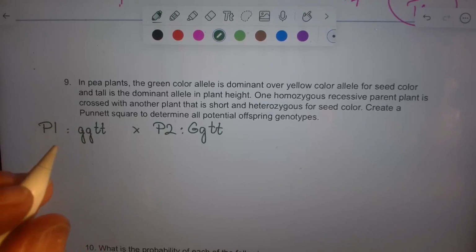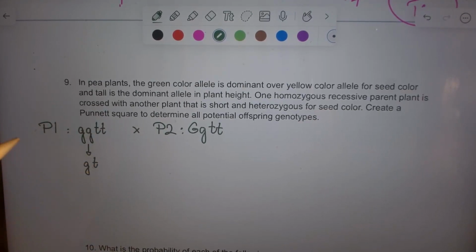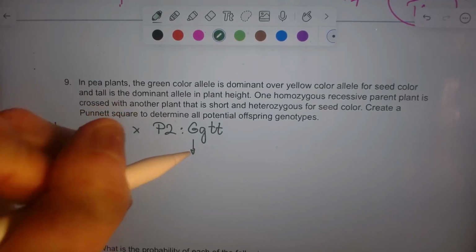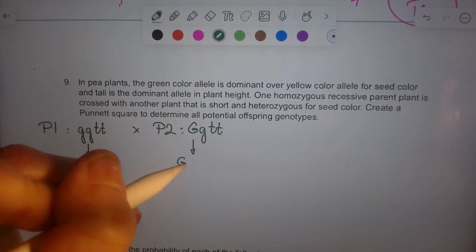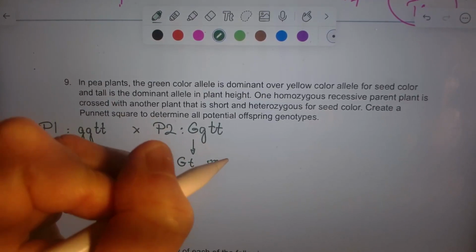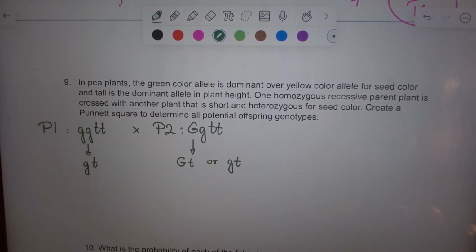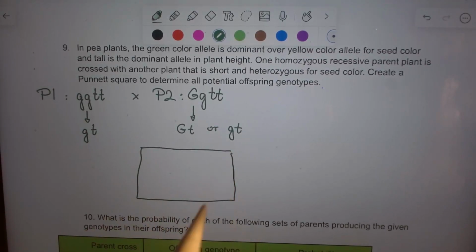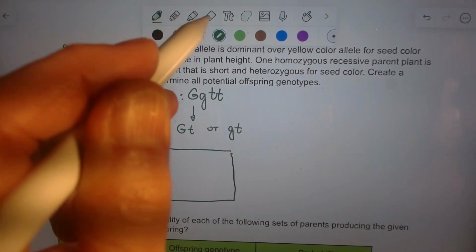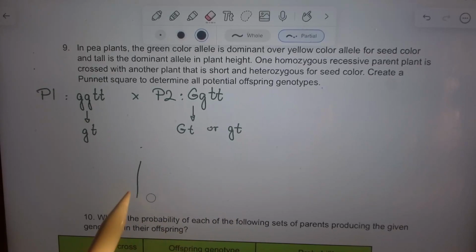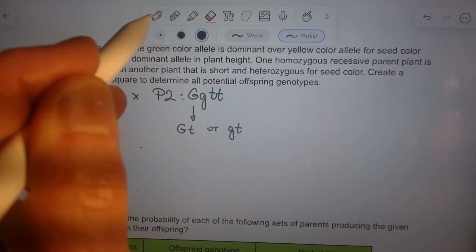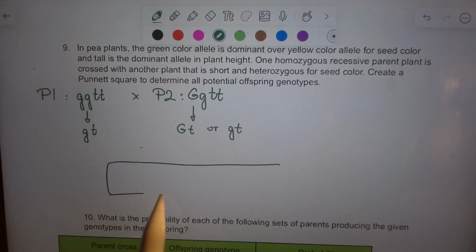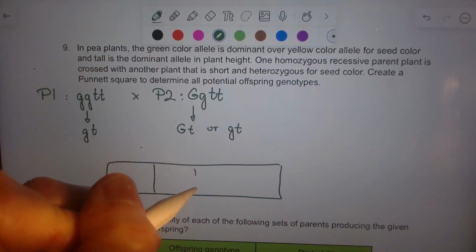So in this case, the gamete possibility for parent 1 is only lowercase g, lowercase t. For parent 2, the gamete possibility is capital G, lowercase t, or lowercase g, lowercase t. So how are we going to do the Punnett square?